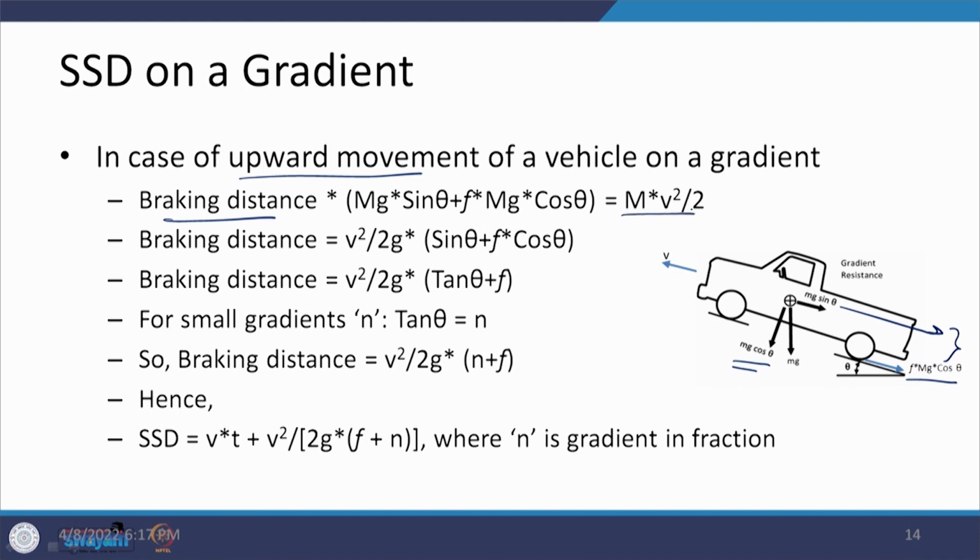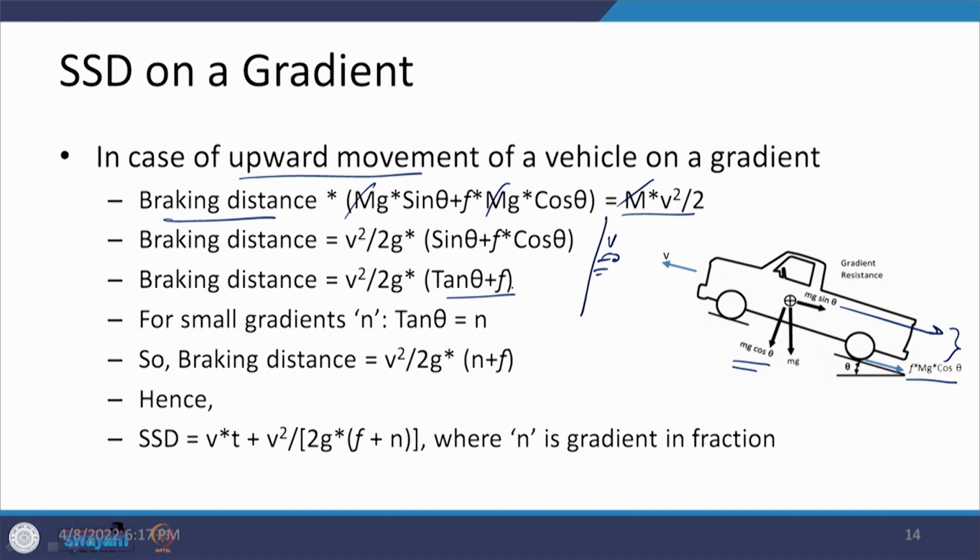As the vehicle stops, v equals 0 at this position, so the change in kinetic energy, mv square by 2, equals mg sin theta plus f mg cos theta. Here you can cancel m, and what you are left with is the braking distance, v square divided by 2g into sin theta plus f cos theta.